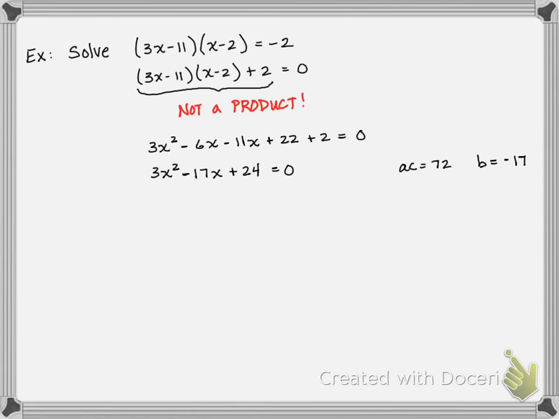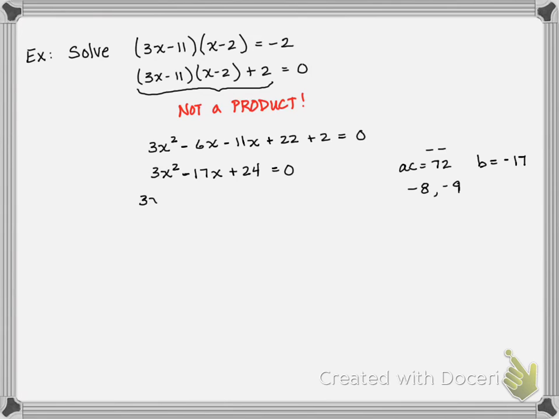Eight, negative 9. Yeah, because they both have to be negative. So negative 8 and negative 9. You could, of course, have made the whole list if you didn't see that. But some of them, like this, we kind of just know. When I look at 17 and 72, I think of 8 and 9, both ways.